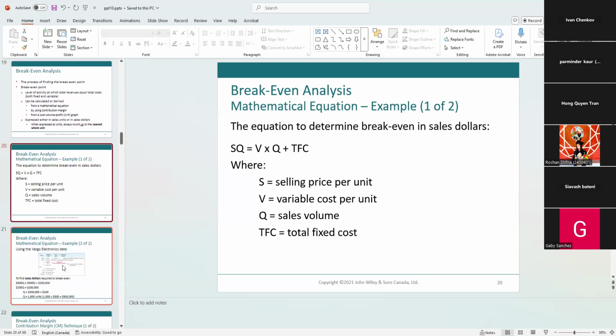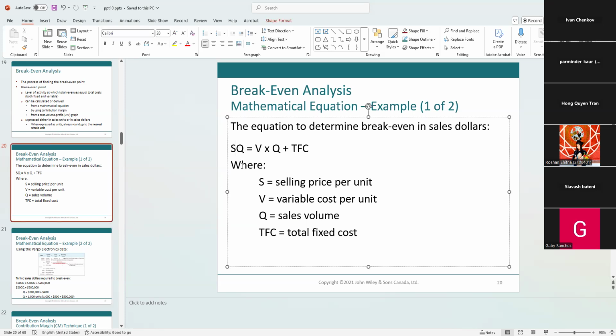So let's go now with the formula. What was the formula? The formula was total sales minus the total variable cost minus the total fixed cost has to be equal to 0. What that means? Total sales are price times the number of units that we're selling. Q is the sales volume.